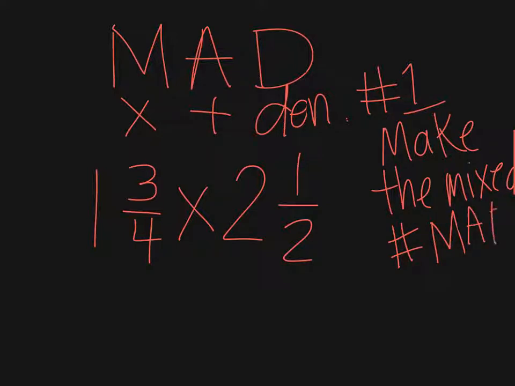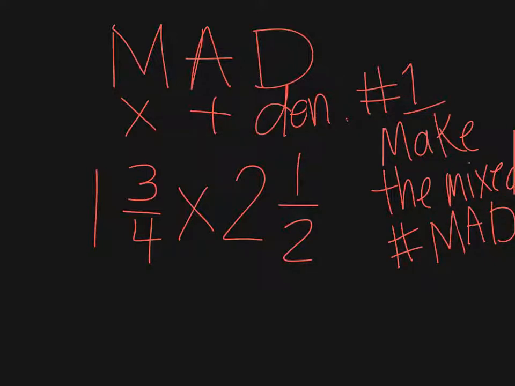Okay, that is your first step. Whenever you are multiplying mixed numbers, you have to make it mad first. Okay, I need you to copy what I'm putting on the board, okay? All right, so make it mad.